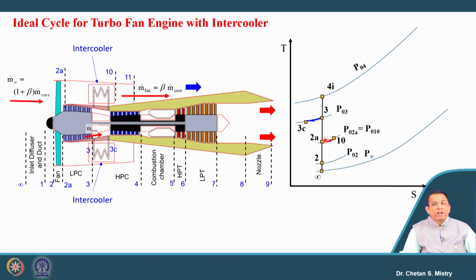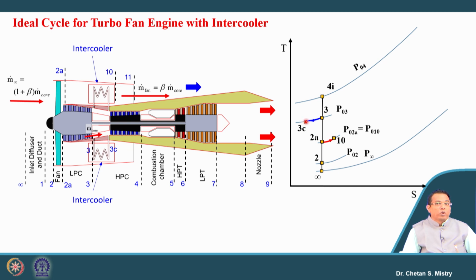Here this is representing my exhaust from the bypass duct. The amount of heat that will be given away by this hot air will be taken by this cold air, and that's the reason why the temperature will be increasing from 2A to 10.